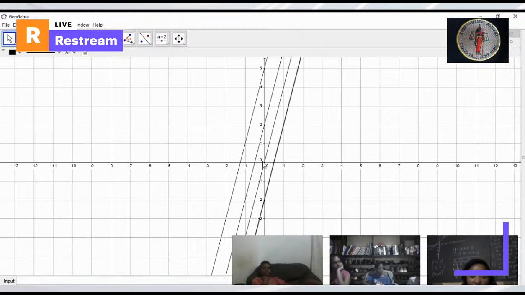We just took that y equals 4x and shifted it this time down. We shifted it minus 2, so we shifted it down the y-axis. So you can imagine what will happen to y equals 4x minus 5.